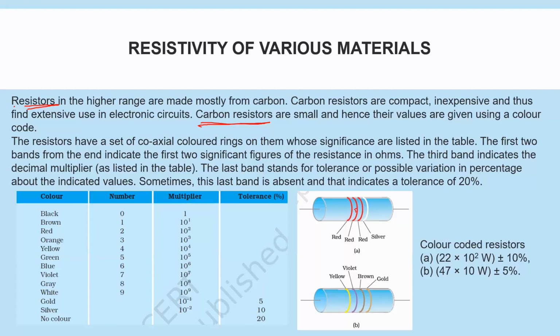Okay, so these are usually integers. So the first two bands that you have, band number 1 and band number 2, are going to give you the resistance in figures, mostly the tens digit and the unit digit.